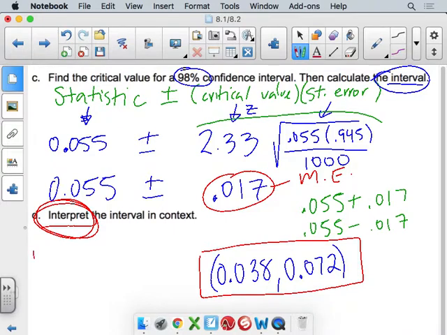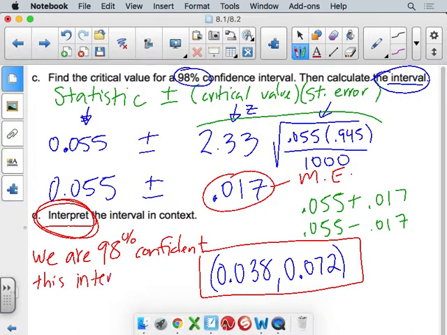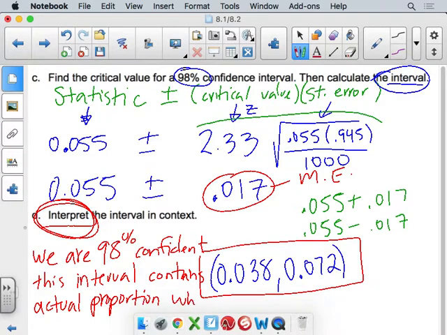It means that we are 98% confident that this interval contains the true proportion of kids who want to be a doctor. So it contains the actual proportion of kids who want to be a doctor.